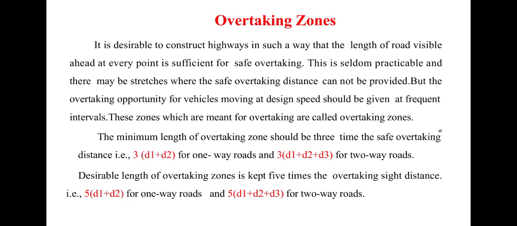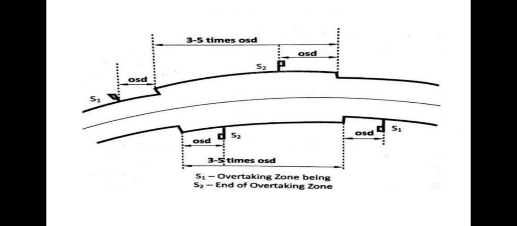If I want to draw the diagram for this overtaking zone, the figure will be in this way. This is a stretch of road in which some area is widened, showing the proper positioning of the signposts. These signposts are located at a distance equal to the overtaking sight distance. Once the person is going to enter that overtaking zone, he should know that there is an overtaking zone ahead, and during exit also the person should know that there is an exit for the overtaking zone.